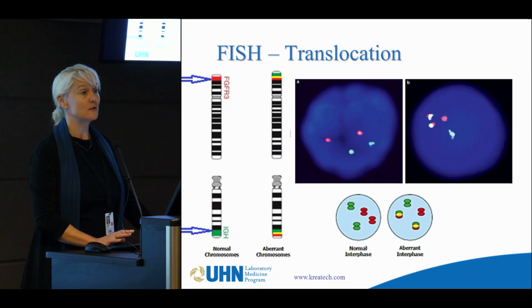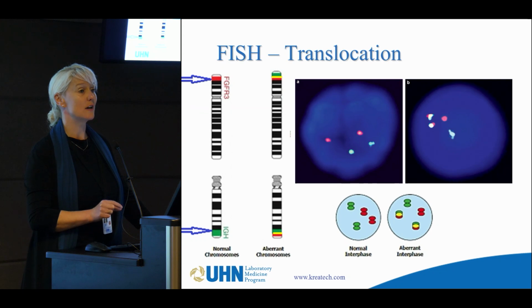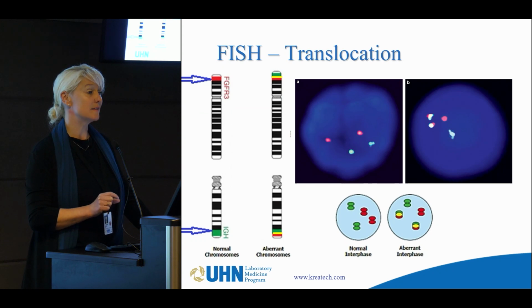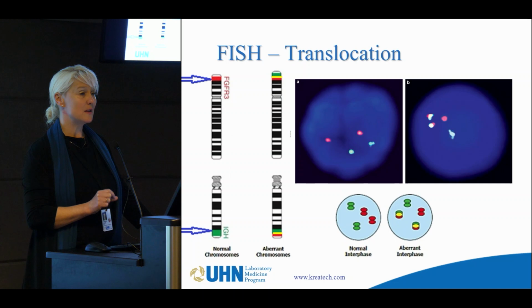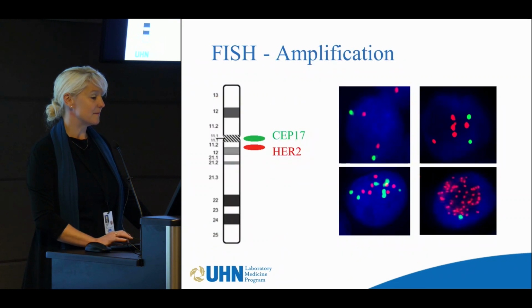And in another approach, dual color, dual fusion, you label either gene that's involved in a translocation with either red or green. And if you get a fused signal, either a red and a green very close to each other, less than a signal distance apart, or you get a nice yellow signal, you know that a translocation has occurred.